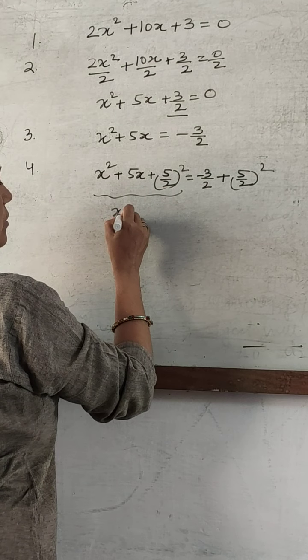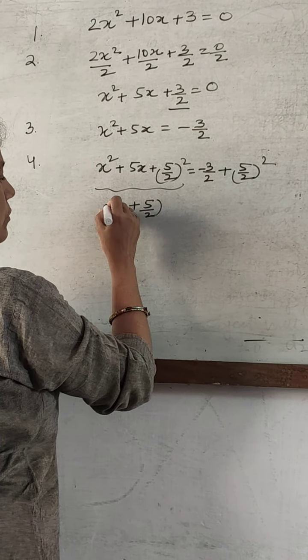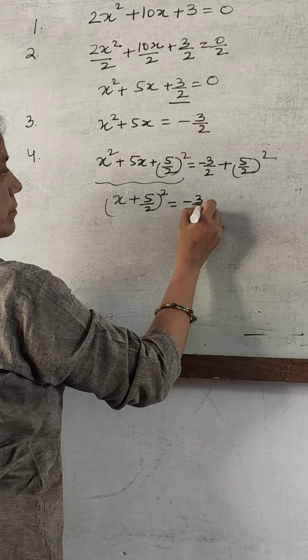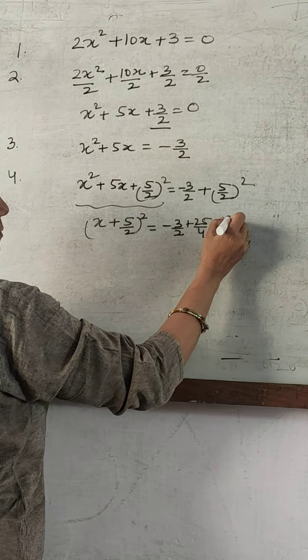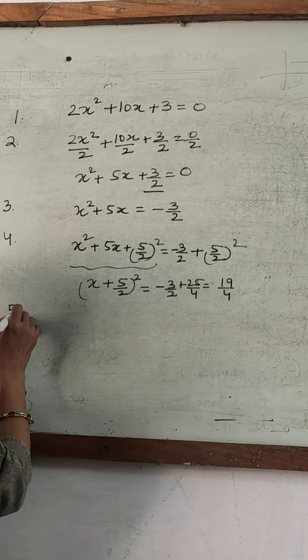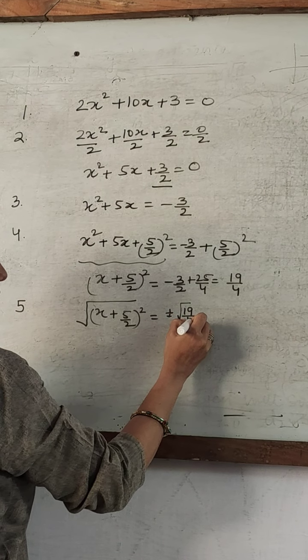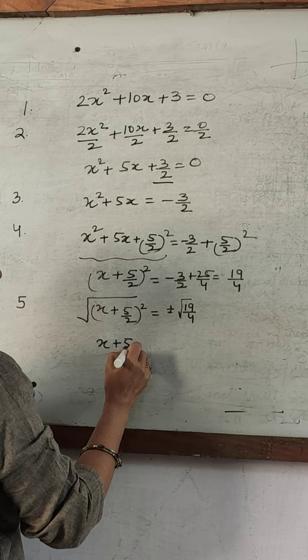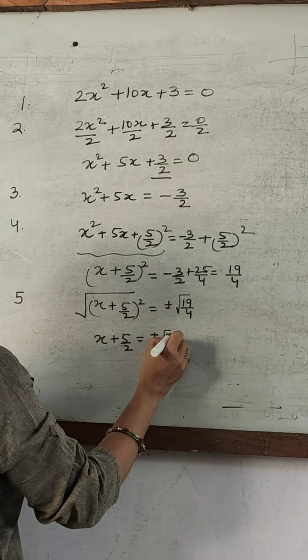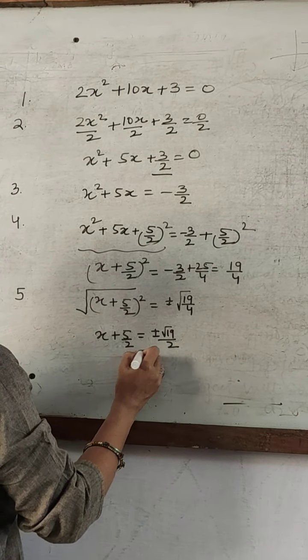So here I get x plus 5 by 2 whole square equal to the next step says take square root on both the sides. x equal to plus root 19 minus 5 by 2 or minus root 19 minus 5 by 2.